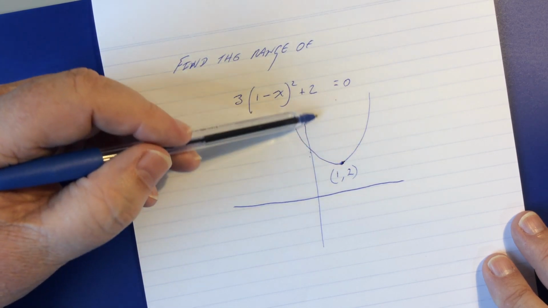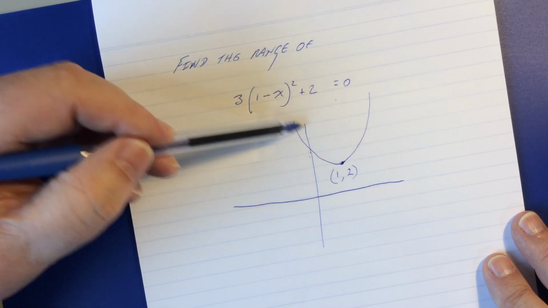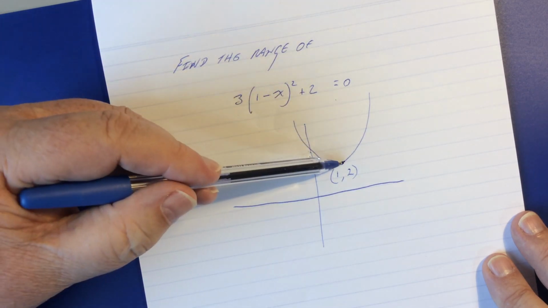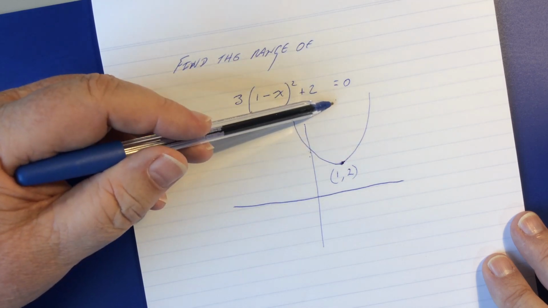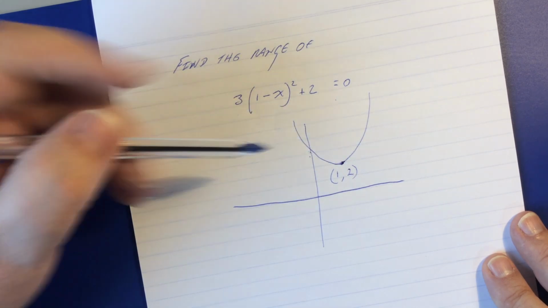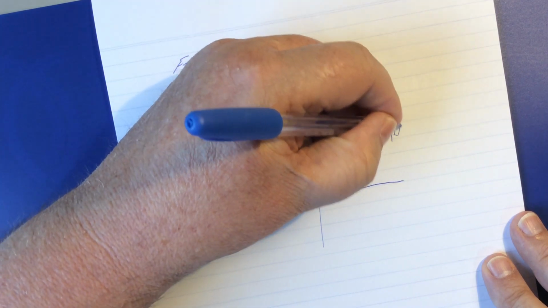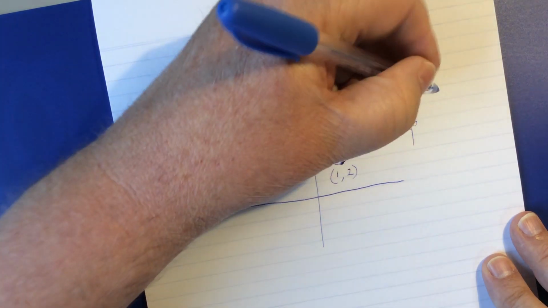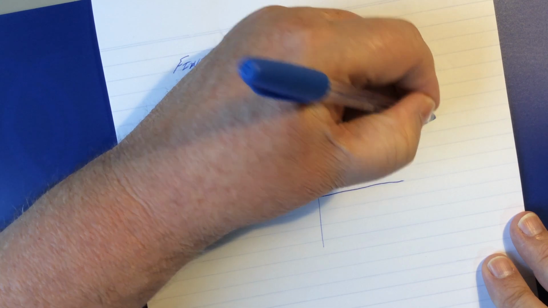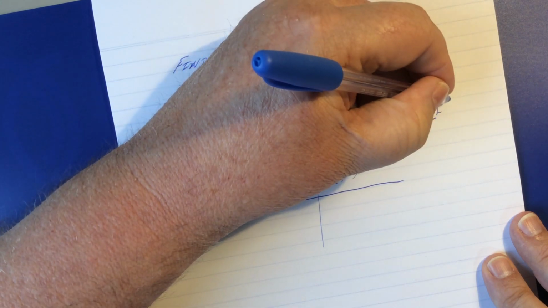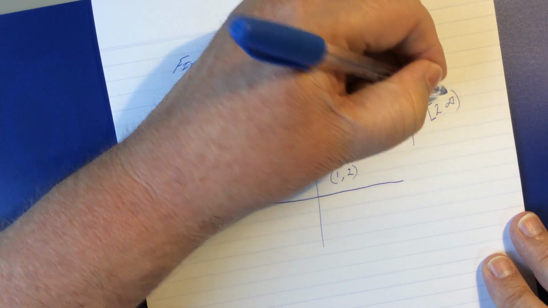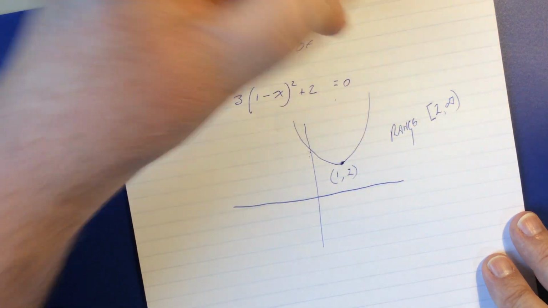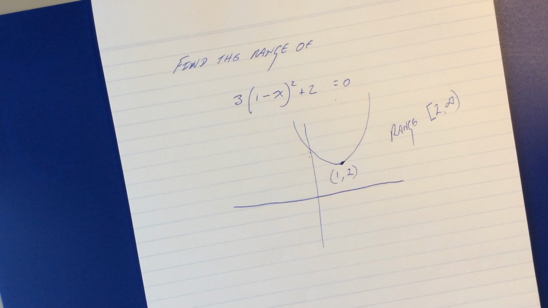The possible values of y for this function are from 2 to infinity. So the range can be written as square bracket 2 to positive infinity, with a round bracket there. That's the range of this function.